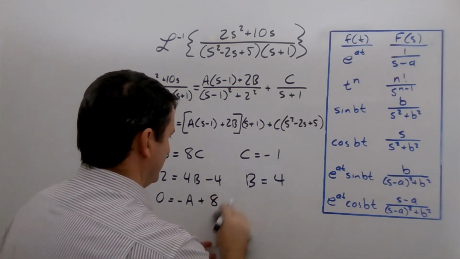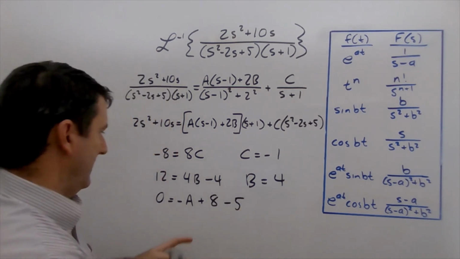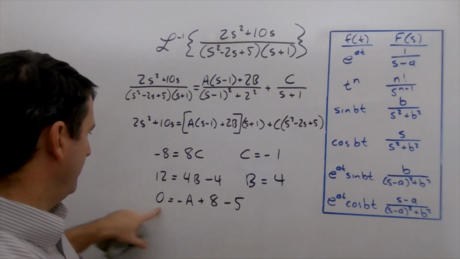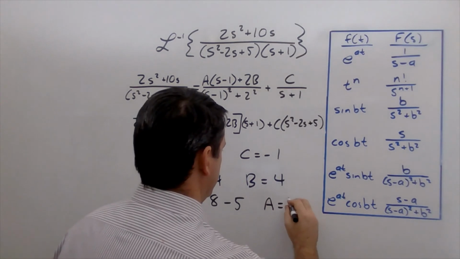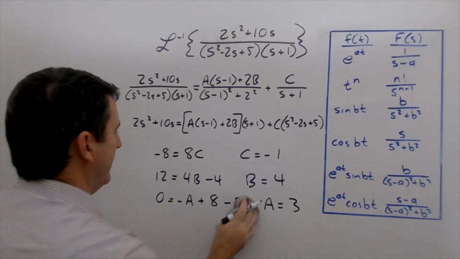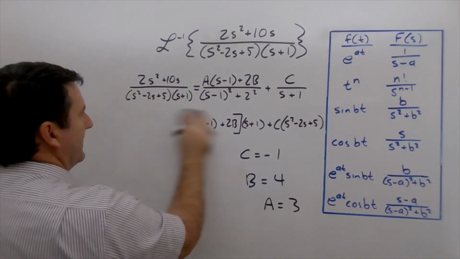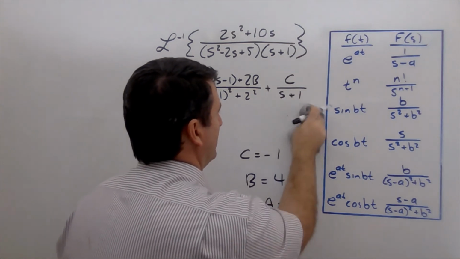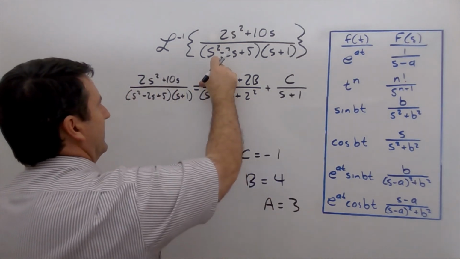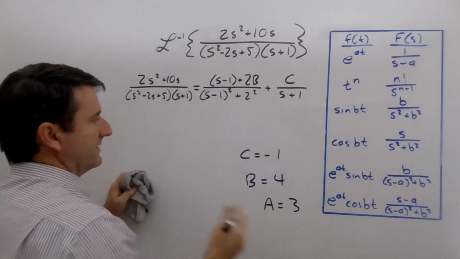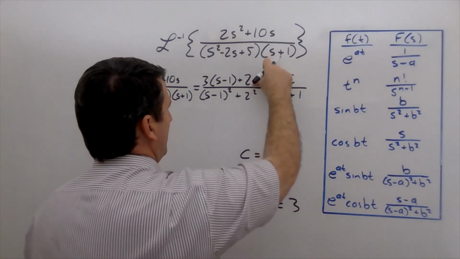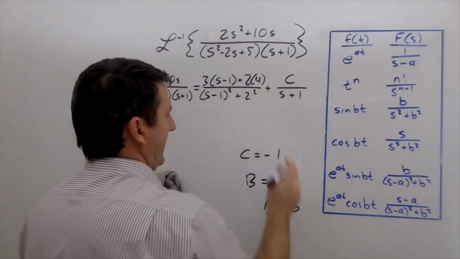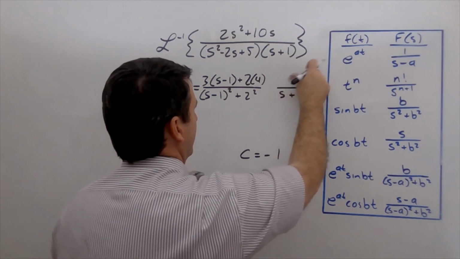And c is -1, so this is -5. So that's 3. We move this a to the other side, we get a is equal to 3. So a equal to 3. All right, now we can plug those in up here, and we're ready to start doing our inverse Laplace transform. So a is 3, b is 4, and c is -1.